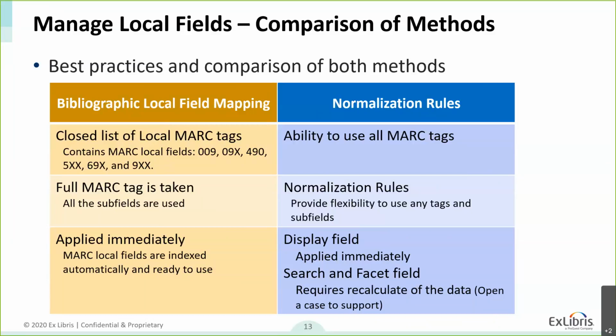You have the flexibility to use what you want and add actions and conditions. The benefit of local fields mapping is that it's applied immediately for all options of display, search, and facet, while in normalization rules, for display it's applied immediately, but for search and facet it requires recalculation of the data. So these are the differences between the two methods.